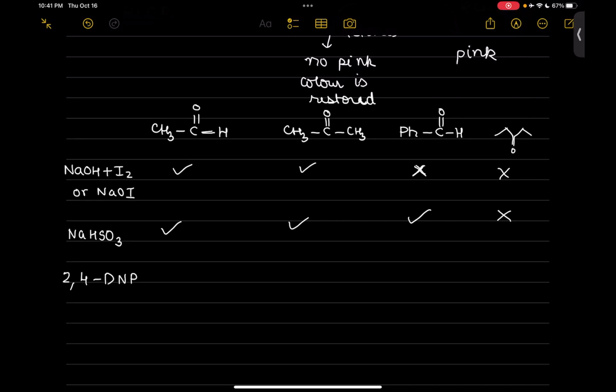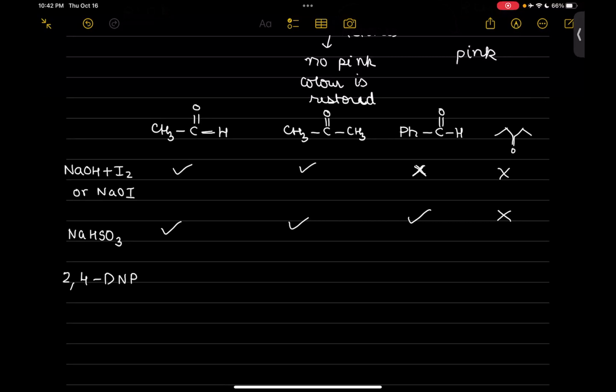The outcome is the formation of a bright orange red crystalline solid.